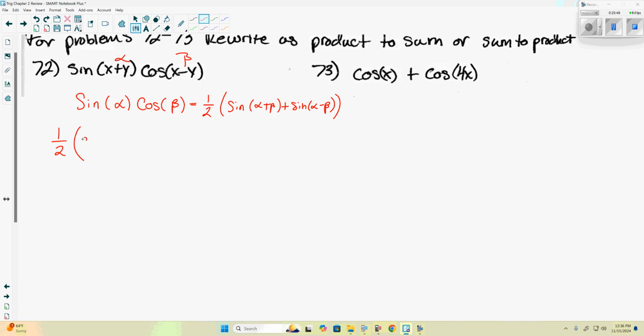So if we do this here, we'd have 1/2 of sine of x plus y plus x minus y, plus sine of x plus y minus x minus y. Now we are going to need to simplify, especially inside these parentheses.